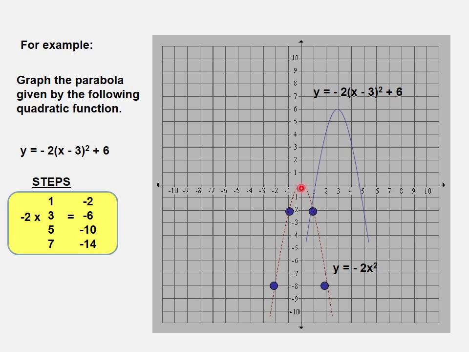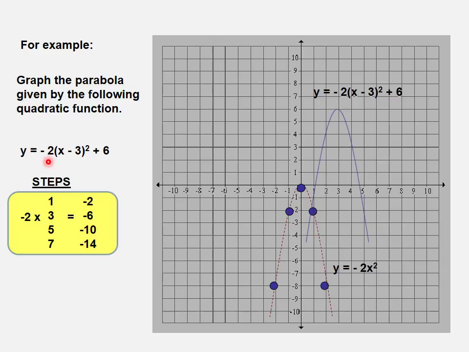So notice that every point that's here went 1, 2, 3 units to the right, and then 1, 2, 3, 4, 5, 6 units up. And you can check that for all of the rest of these points. So this point went 1, 2, 3, and then 1, 2, 3, 4, 5, 6 units up. So that's how you would draw this parabola here with all of its given transformations.